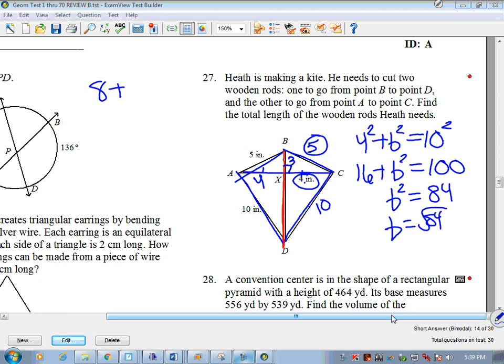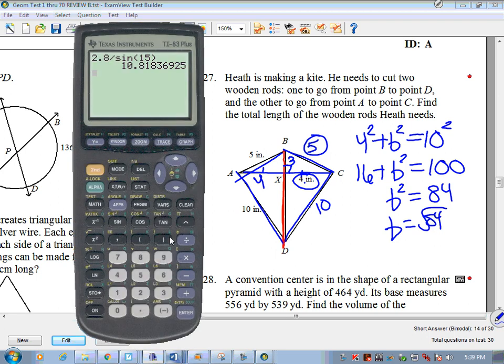We could probably take 84 and reduce it on down, but for sake of time, let's see what answer they are looking at here. They're looking for an approximate. So let's take 8 plus the square root of 84. Okay, and I got a very different number. Oh, okay.